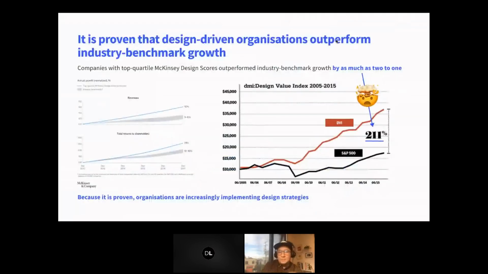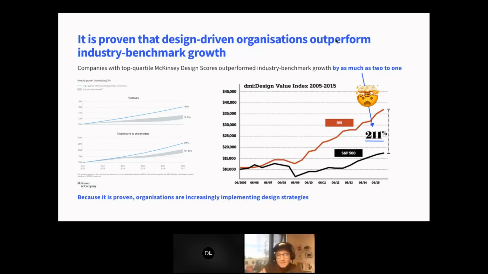Now, we know that data-driven design organizations, or design organizations in general, will outperform their competitors. We know that user experience is important, especially for all of the folks on this call. We understand that it is a competitive differentiator to have a design-led organization. But a data-driven organization is one that also helps inform design.